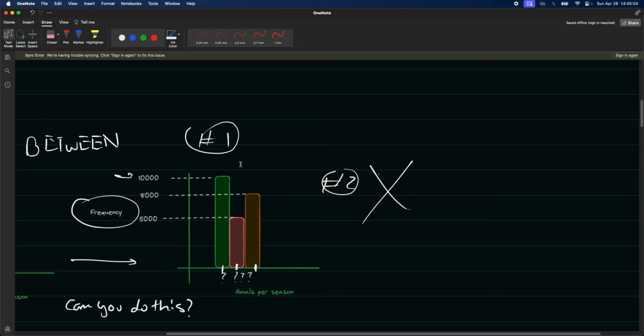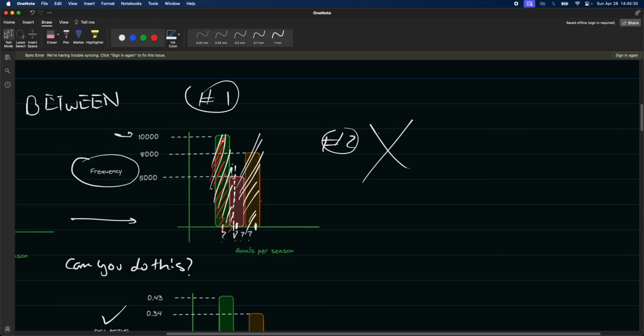Most of the data falls in here, so I would say the middle of the histogram is somewhere over here, right? Because this part has 50% of the data, and that part has 50% of the data. And this is also called the median.